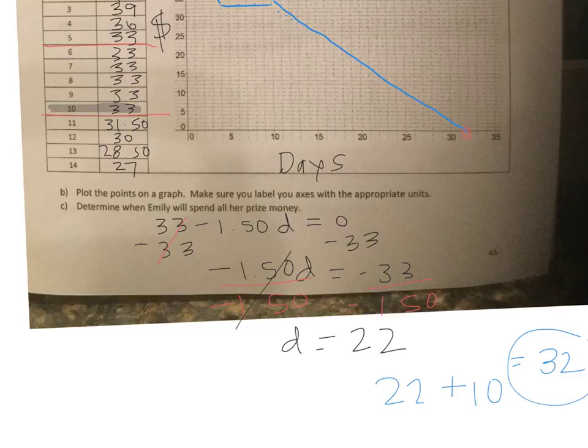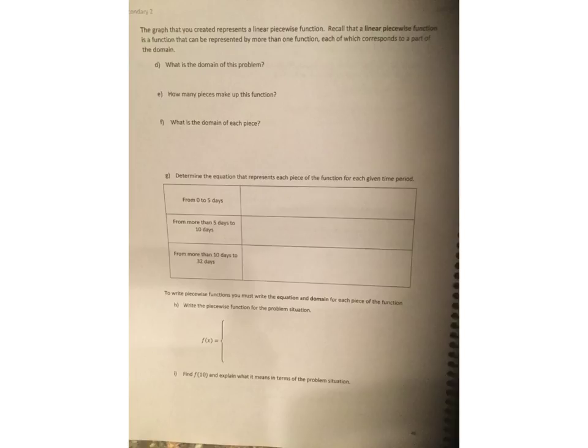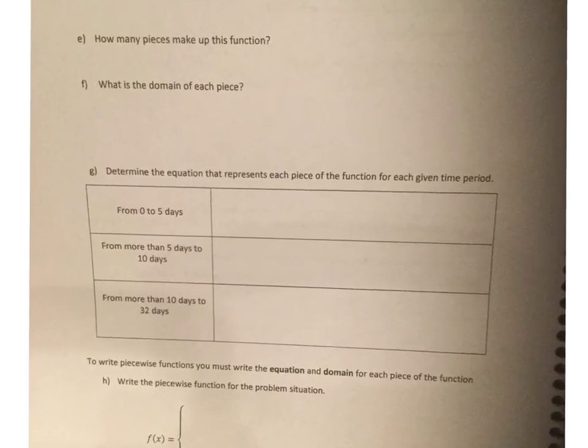All right, go ahead and flip your page. It says, the graph that you created represents a linear piecewise function. Recall that a linear piecewise function is a function that can be represented by more than one function, each of which corresponds to a part of the domain. It says, what is the domain of this problem? Well, domain is the x values.